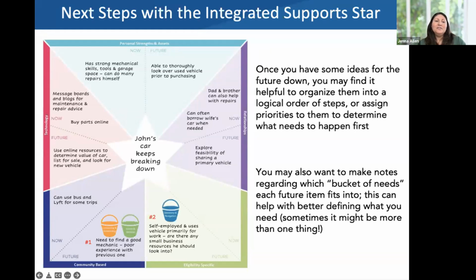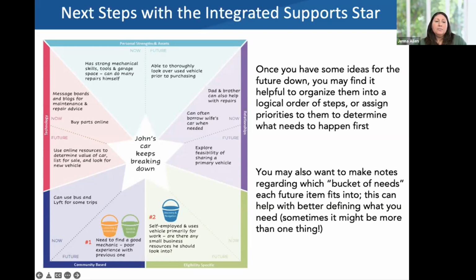And then, for this self-employment resource kind of stuff, we identified we have access to the information, to the resources that we would need to be able to learn more about that. That's just something that we need to do. So we don't necessarily even need to go outside our own home for that. That's something that we can just do together with the resources that we already have.